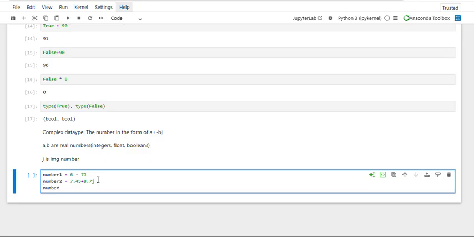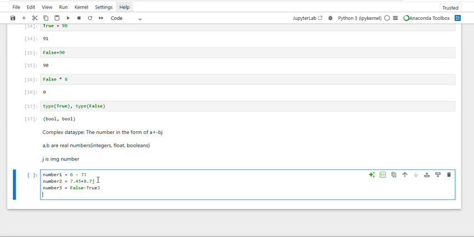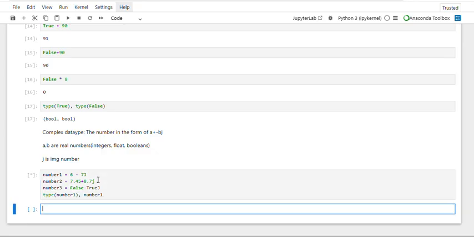And I want to take the third one, number3 is equal to False minus True j. Now I want to print all these numbers: type of number1, comma, number1.